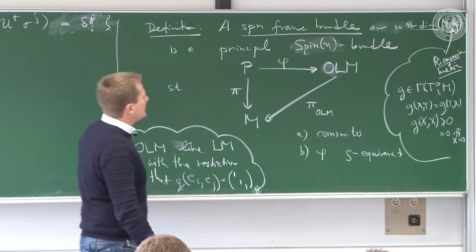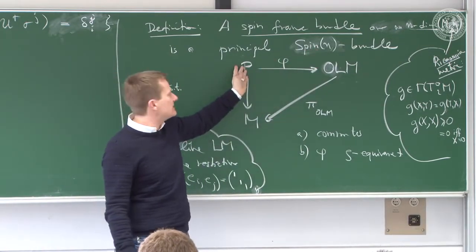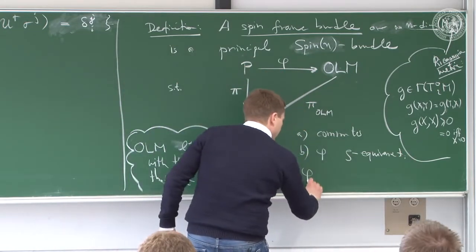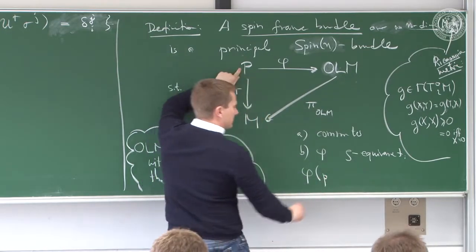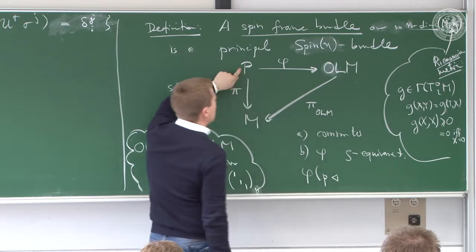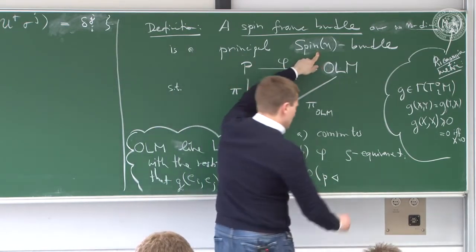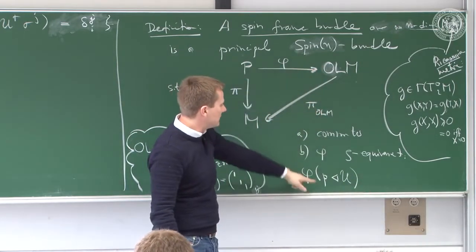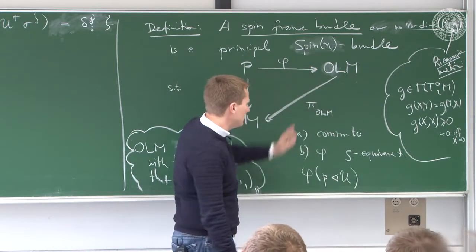If I now want an equivariance condition, I have a group here. The group can act on the total space, and I act on the total space with phi. So I can take phi and apply it to a point P in here. But because this is a principal bundle, there is a Spin(n) right action, and an element of Spin(n), let's call this u.